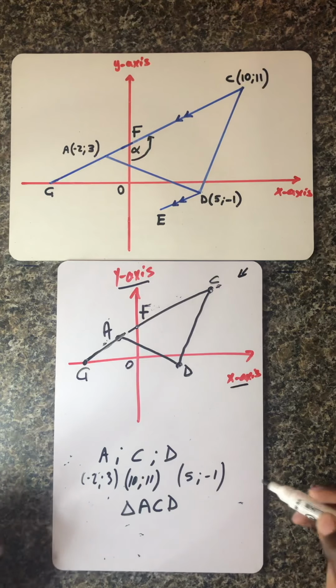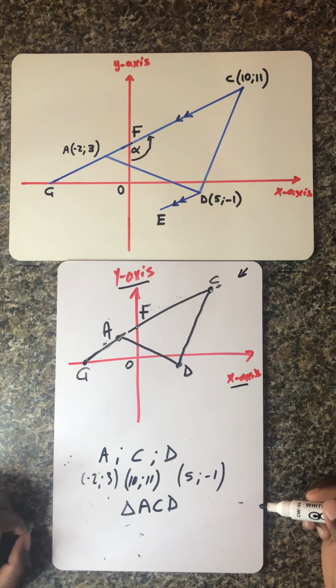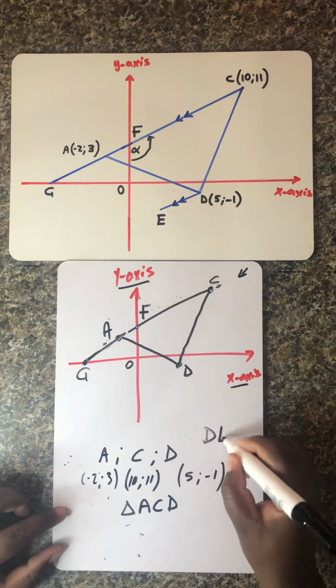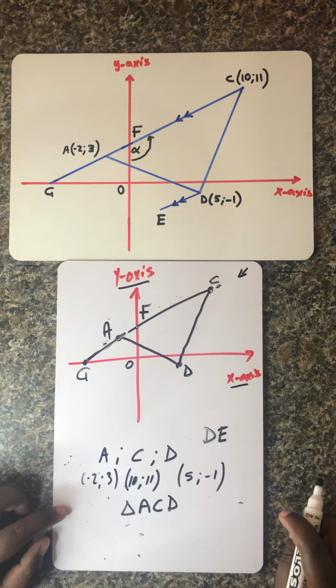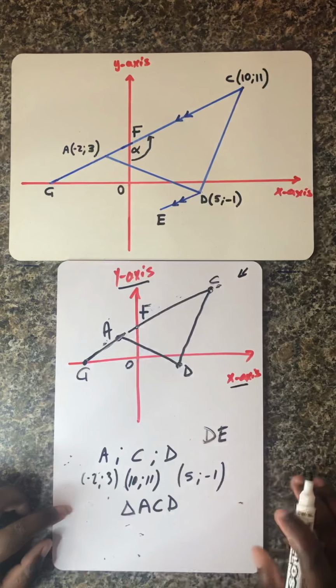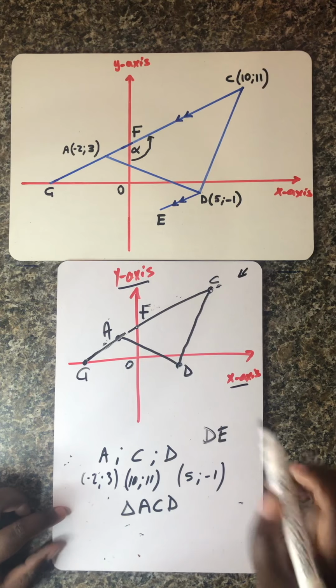So now let's continue to interpret this given diagram. The straight line, which is straight line DE. Very much important, ladies and gentlemen, you notice that we haven't got any curves there. We only have straight lines.